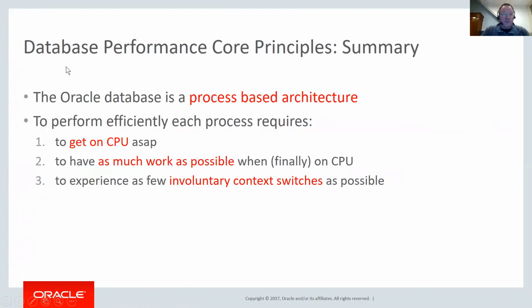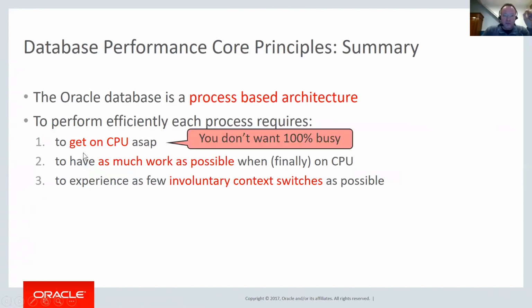Yeah, so these are the 3 core principles that I wanted to talk about. It's a process architecture. You need to ensure that a process gets on CPU as soon as possible, which means you don't want 100% busy database servers. Equally, you don't want this at your application server either, by the way, because your Java threads need to wake up and get scheduled also.